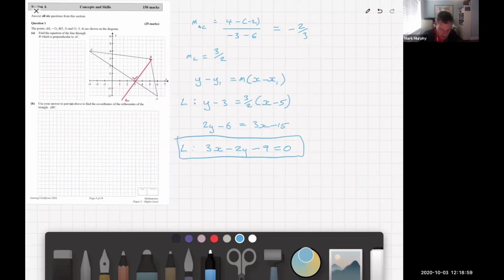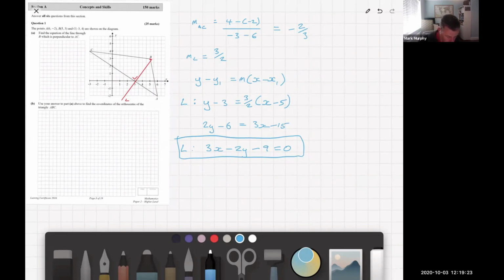So the second part then says, use your answer to part A above to find the coordinates of the orthocenter of the triangle ABC. What's the orthocenter? The orthocenter is where the perpendiculars meet? I don't know, I'm just trying to figure this out. I'll try and draw it anyway, first of all. So you put that line here.